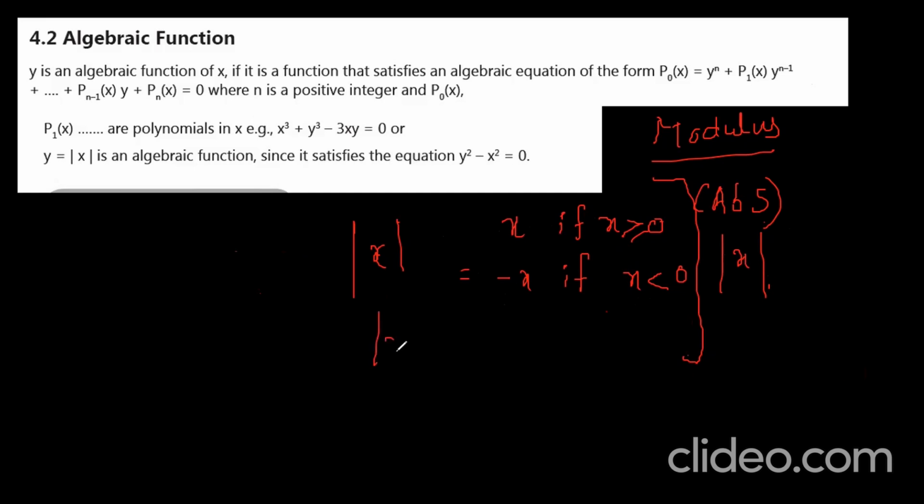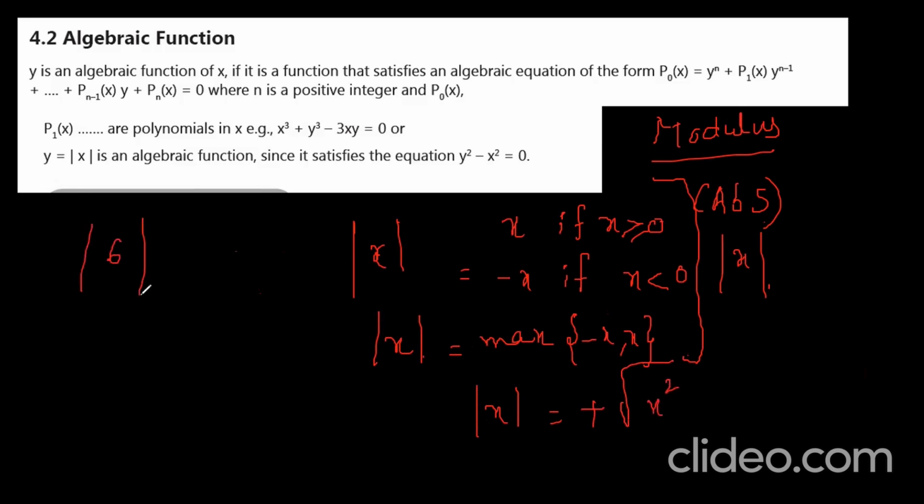So mod x is going to be the maximum value of minus x comma plus x, right? So mod x can be written as plus root x square. Can I write? So I want to calculate mod x is equal to how much? Yeah, 6.